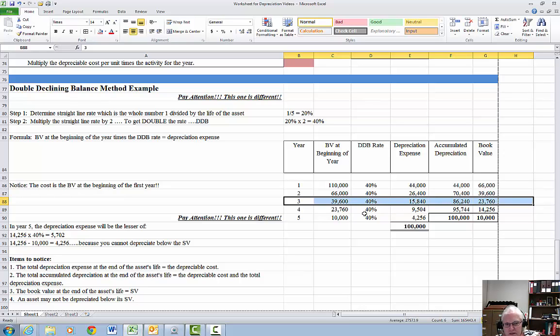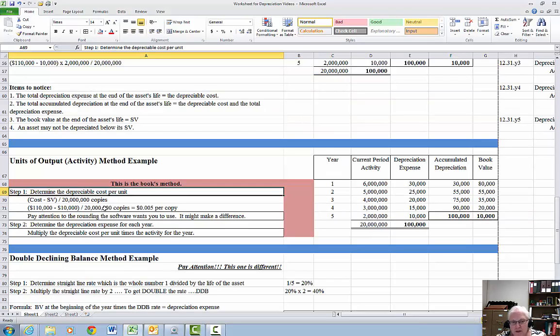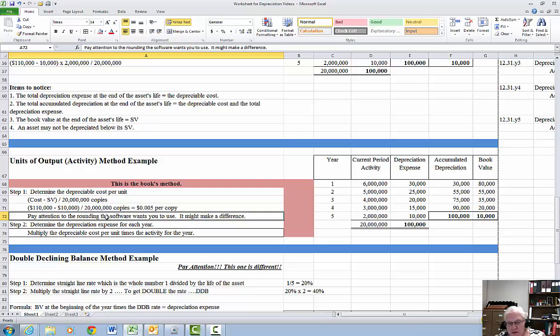The first step is to determine the depreciable cost per unit. So you take the cost minus salvage, 100,000. You divide by the total activity, which is the 20 million copies. So that works out to a nice round half-cent per copy. Now, when you're doing the software in your book, there should be some red words that say round to 2 decimal places, 3 decimal places, the nearest whole number, whatever it tells you to do, that's what you do.